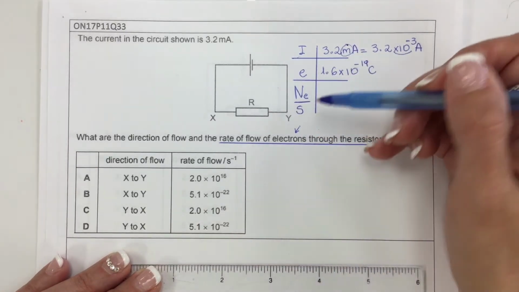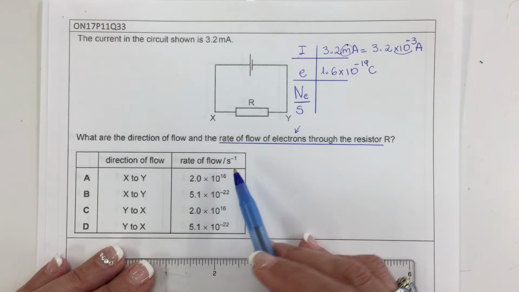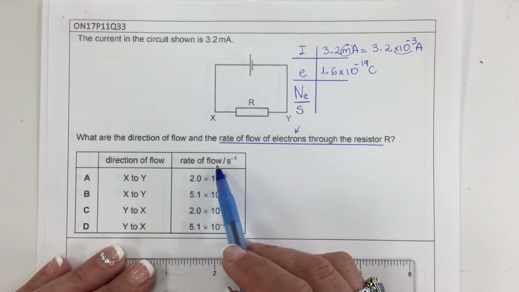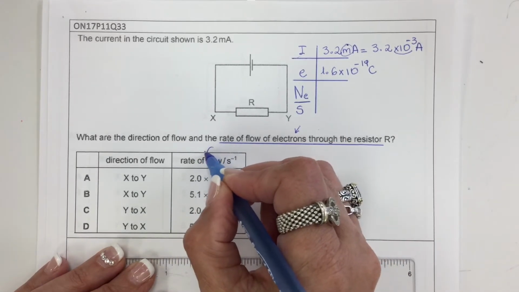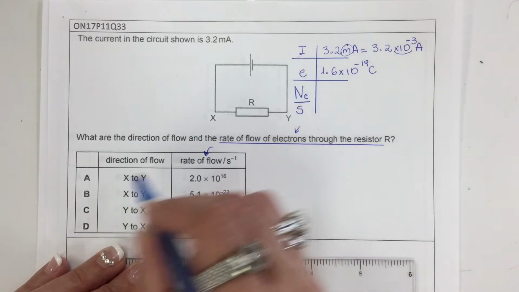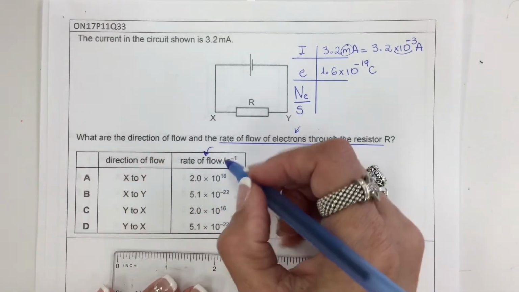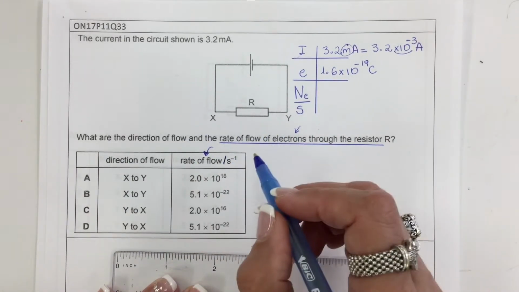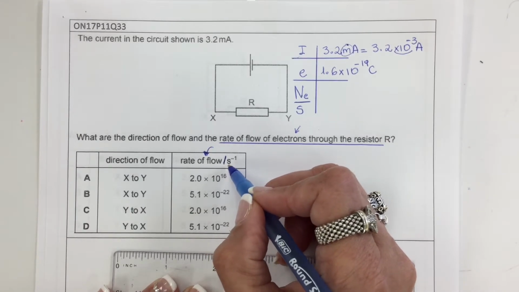I have a hint because of the way that the answer is presented: the rate of flow per second. The way that Cambridge does the table heading is the variable, and then a dash indicates that what comes after the dash is the unit. So in this case, the unit is per second.